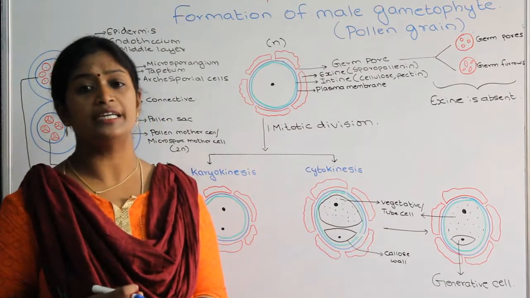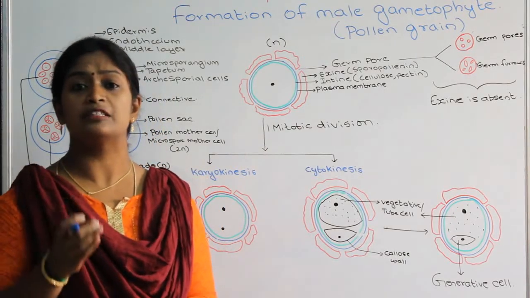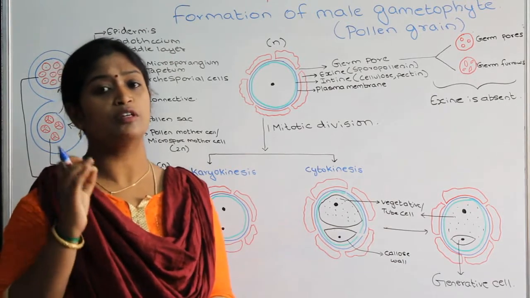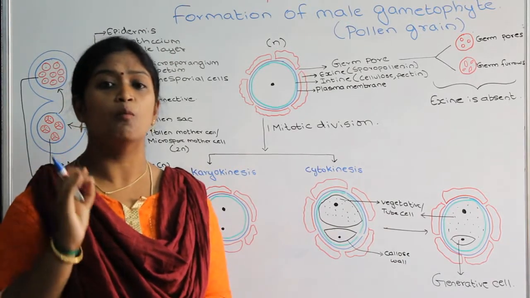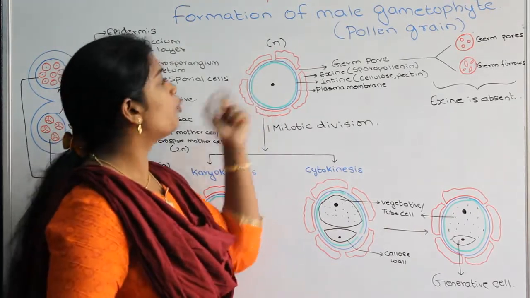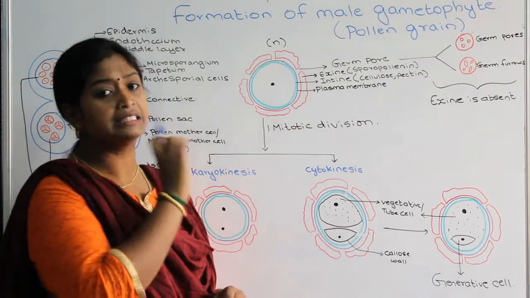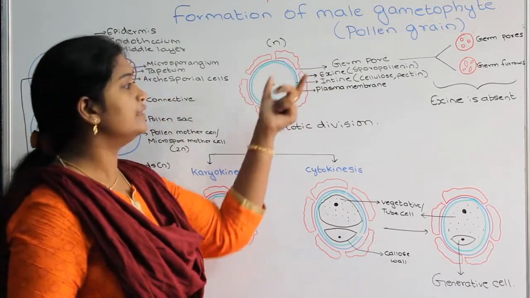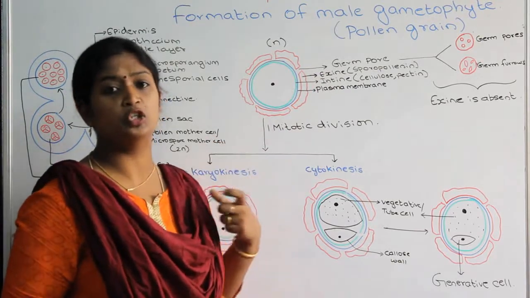We have also studied that the tapetal cell releases sporopollenin, that is, it is released as Ubisch bodies, and these Ubisch bodies are called sporopollenin, the most resistant substance known till date. This sporopollenin is absent in certain places, that is, exine is absent in certain places, and this is called the germ pore.